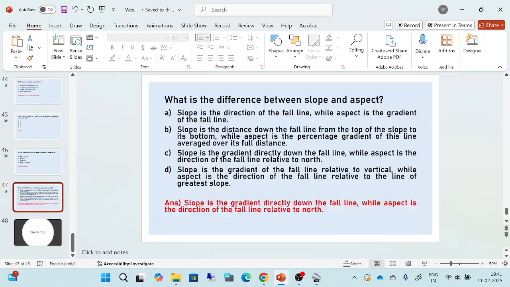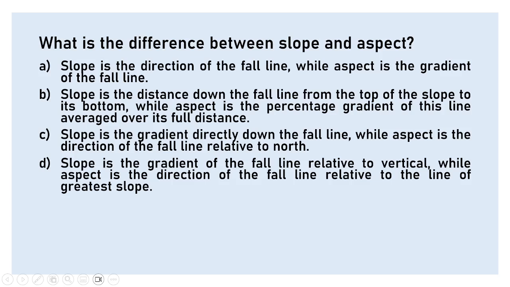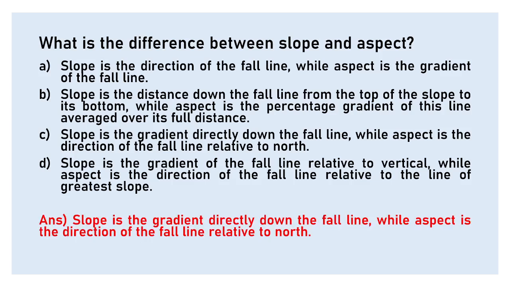I just discussed this question over here: what is the difference between slope and aspect? This was the question, and I was saying that I had discussed it in the last session, not particularly today. Slope is the gradient directly down the fall line, while aspect is the direction of the fall line relative to north.